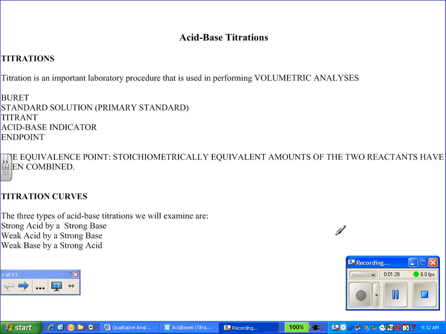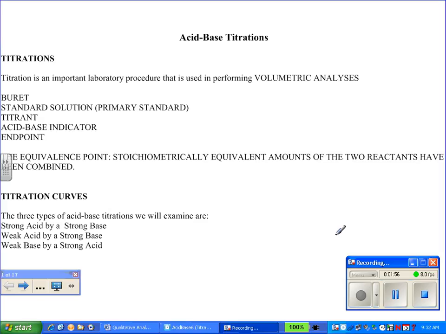So the standard solution is the one that is of known concentration, and you learned in grade 11 that there is something that we refer to as a primary standard, and the classic primary standard in acid-base chemistry is potassium hydrogen phthalate. So it's important that you understand that a primary standard is one where we can basically be really confident in its concentration.